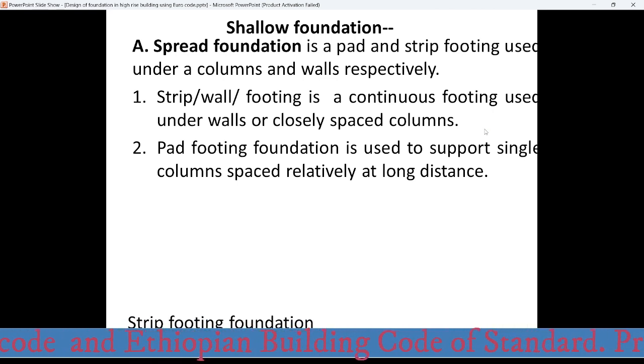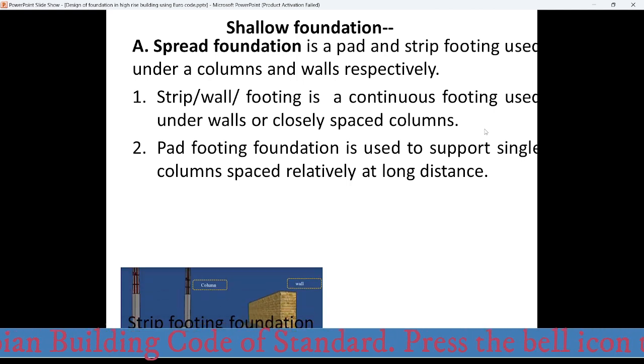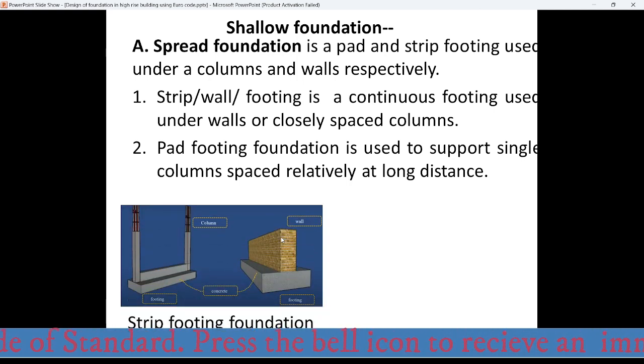Here is an example of a strip footing foundation. Here we have a wall, which may be a retaining wall, a shear wall or a core wall.